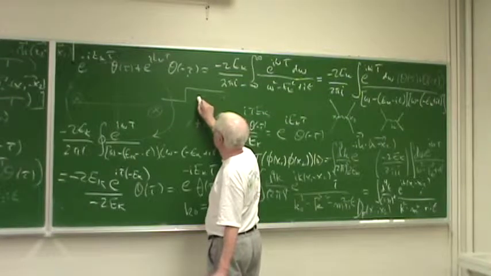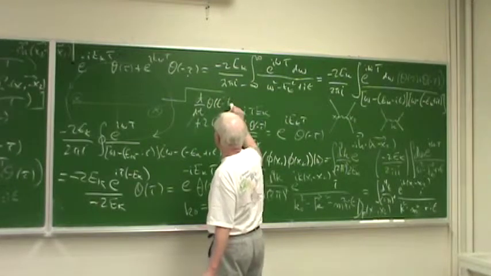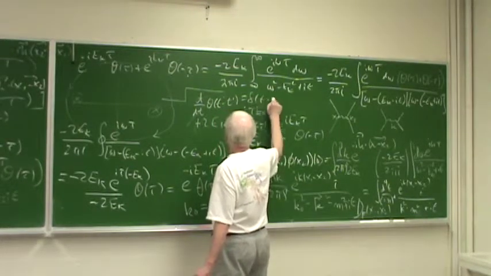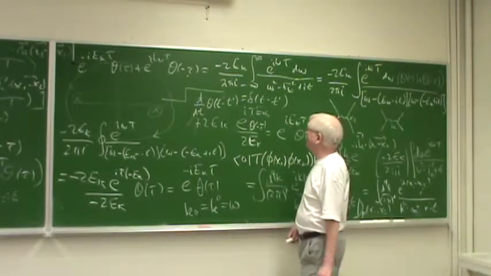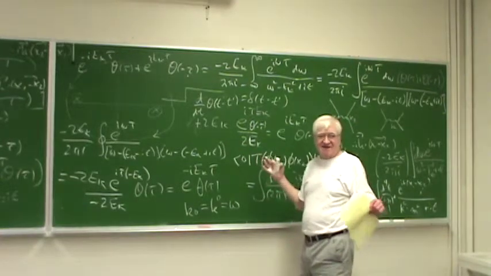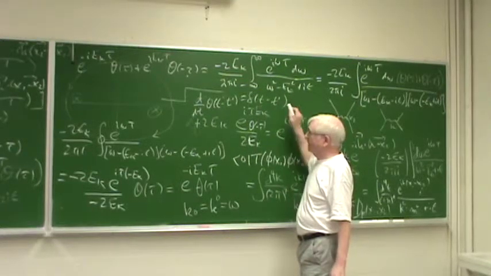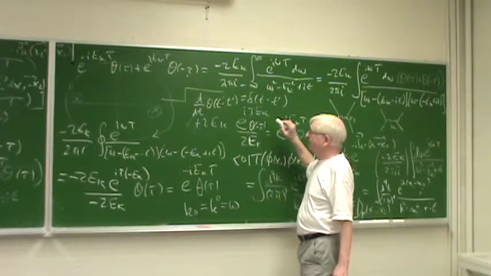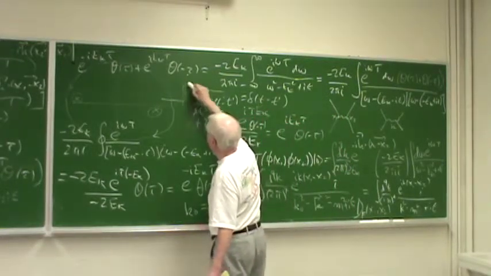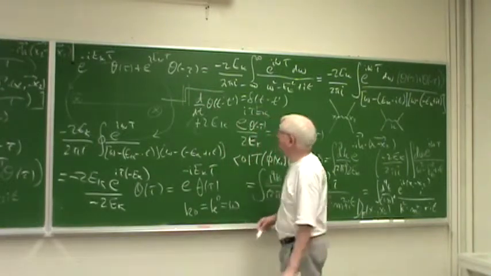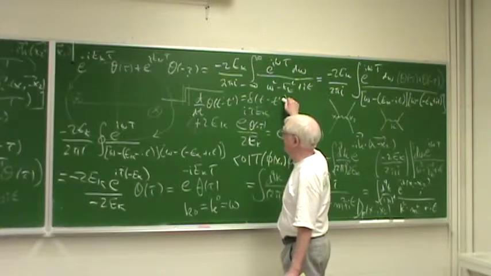So d/dt of theta of t minus t prime is delta of t minus t prime. Another way of saying that to make sure we've got the size right is that if you integrate the right-hand side, if you do a tiny integration of both sides around this point, you're going to get 1 from the right-hand side.